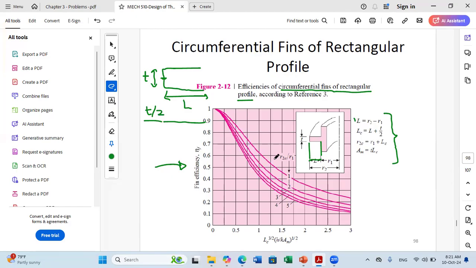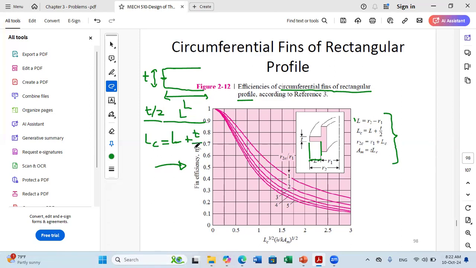So this graph is developed for insulated tip. But actually here you don't have an insulated tip. You can correct the lengths to be able to use this graph. Okay, so you have T over 2 here, and this is L. So what is L corrected? L corrected is the addition of the actual length of your fin plus the thickness of your fin over 2.